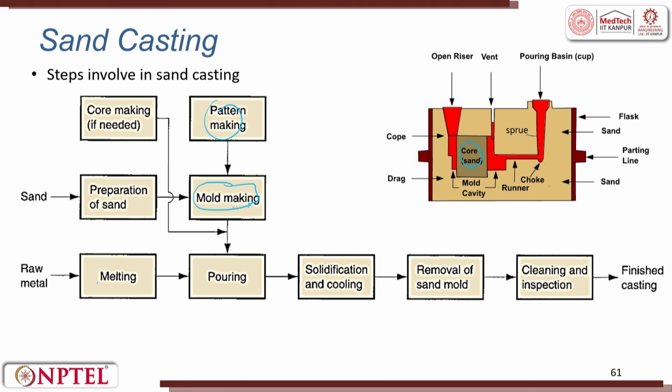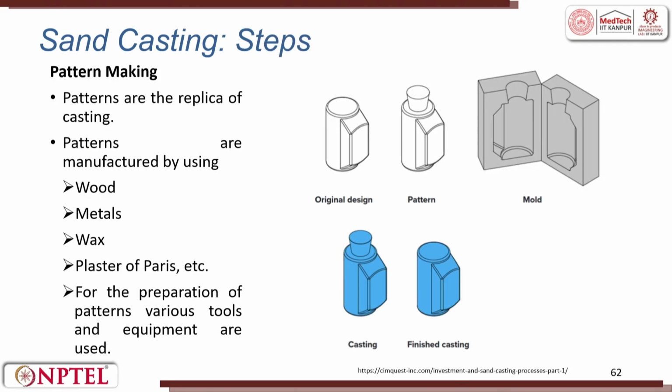Now, in a crucible, you melt a raw material, then you pour into the mold, it is allowed to solidify and cool, it is removed from the sand mold and cleaning and inspection or finishing, whatever is required, is done, right. These are the steps typically involved in sand casting.